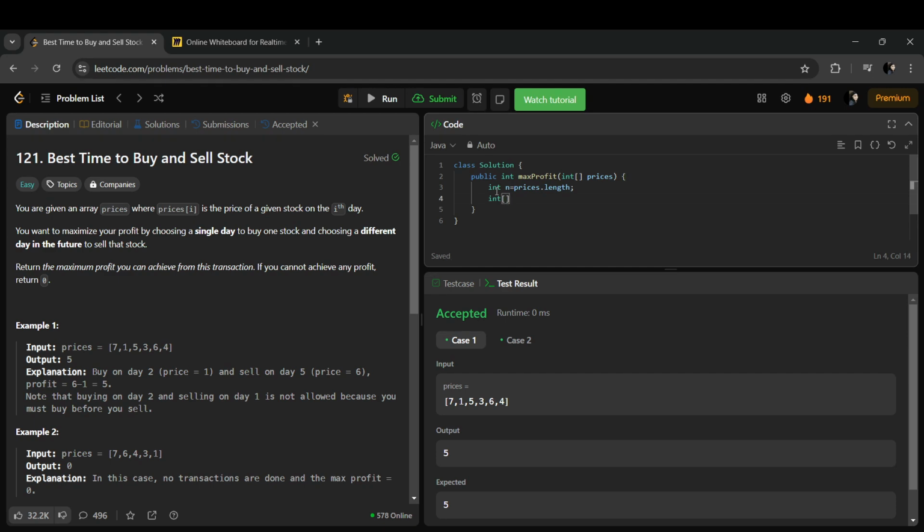Let us name this array as max value, new int. Now see, my max value at n minus 1 is prices of n minus 1.